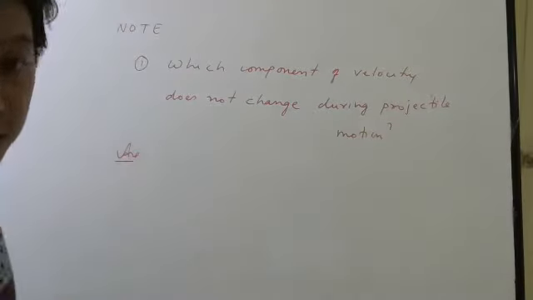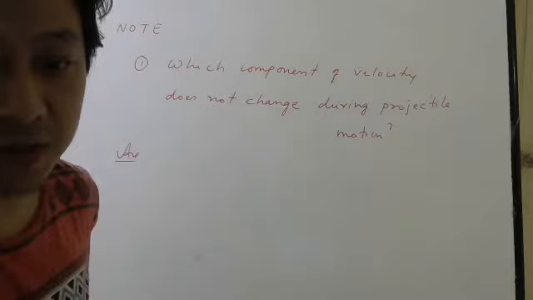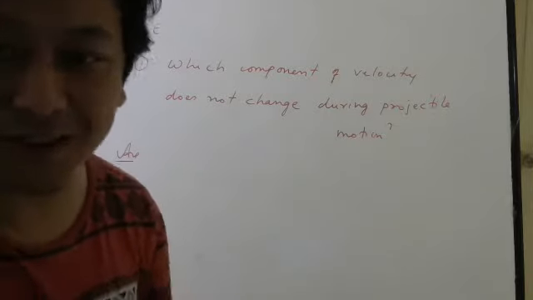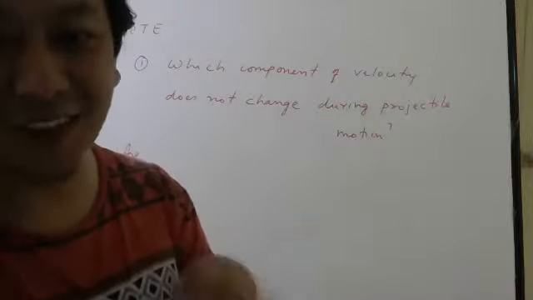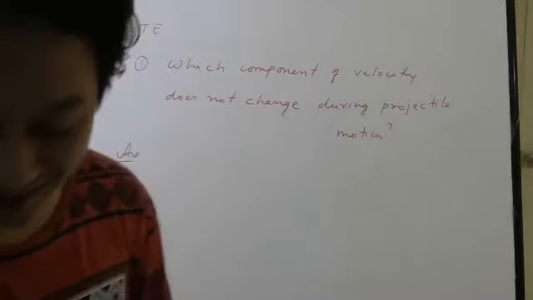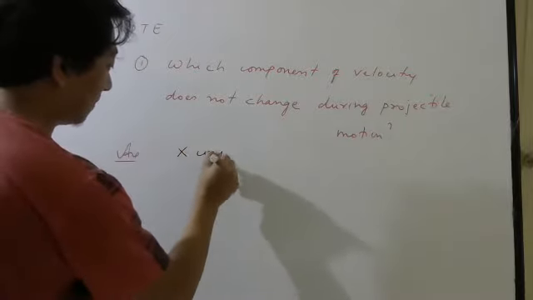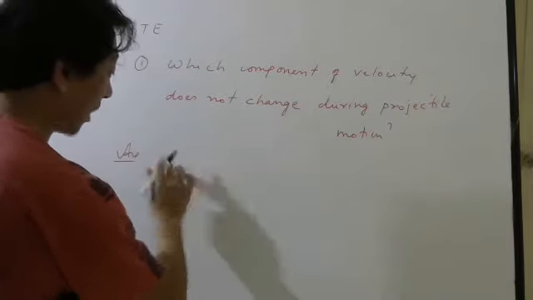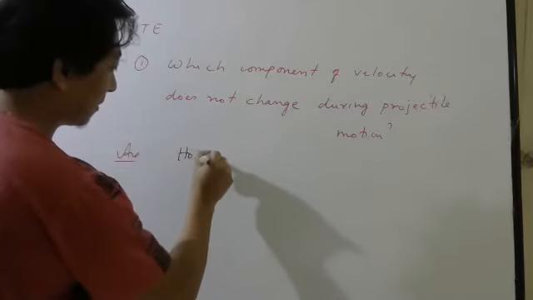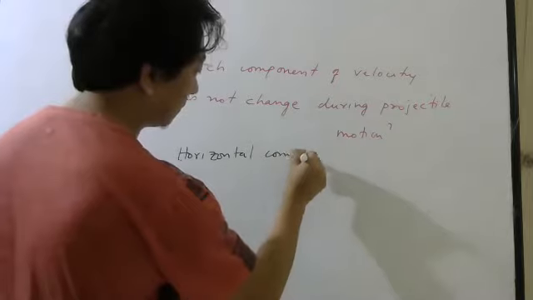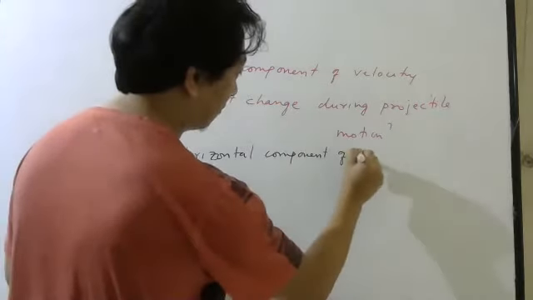Anyone can answer? X component or Y component? X component, because there is no acceleration along the x-axis. If there is no acceleration, how will velocity change? So the answer is the X component, or better to write the horizontal component of velocity.